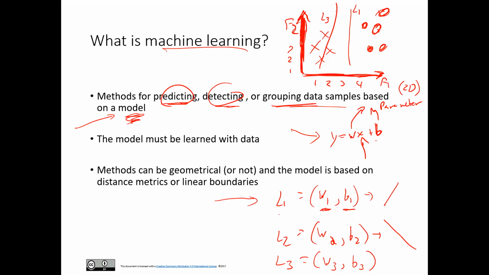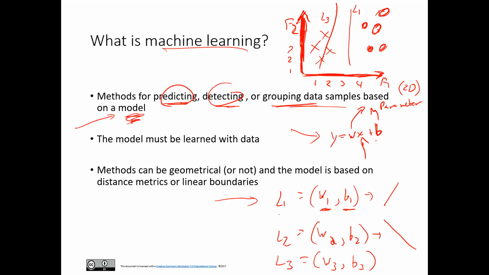You think L3? Why would L3 be better? Remember, our goal is to separate zeros from x's as best as possible. I think it's L1 because it's separating clearly x's and zeros.